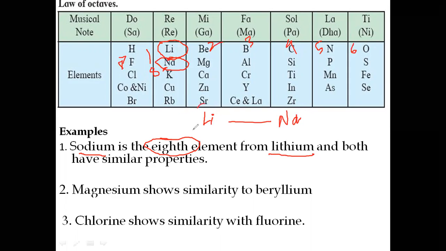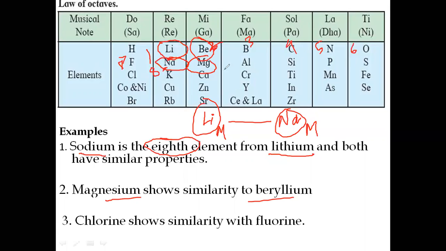As we know, lithium is a metal, and sodium is also a metal. So here they present similar properties. Second, magnesium shows similarity with beryllium. As you can see again here, magnesium is in the note Ga, magnesium and beryllium.